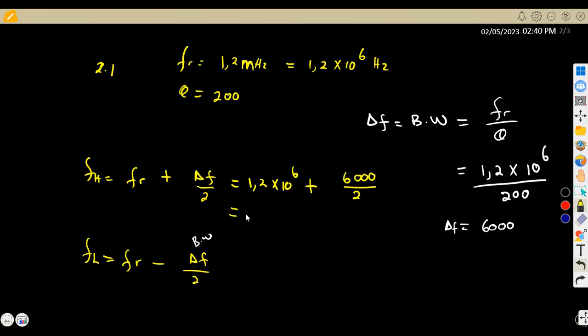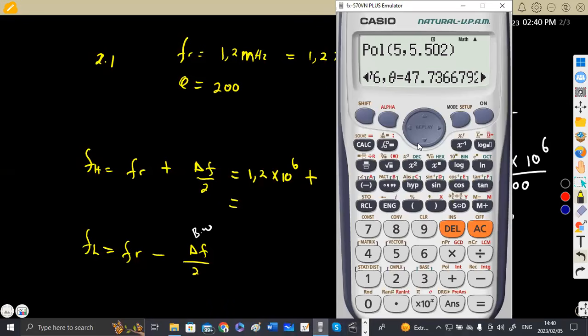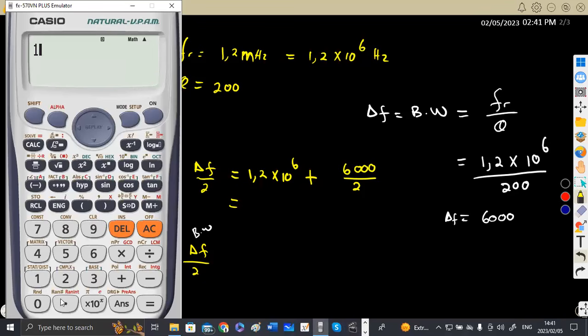All right, so that's you and your calculator, guys. I want you to see exactly what we are going to obtain from the calculator. So we've got 1,2 times 10 to the power of 6, plus 6,000 over 2, which is the same as 3,000.